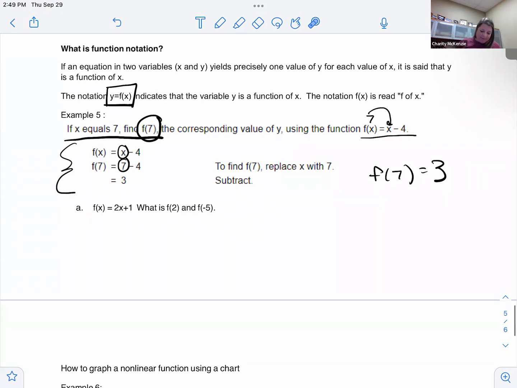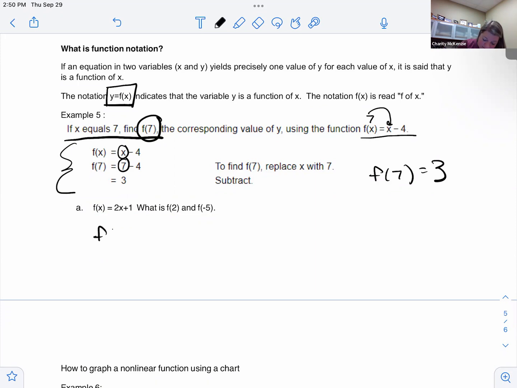Okay, so A here. If this is our function, so this is the same as y equals f of x, what is f of 2? Where do we put that 2 value? We put it in for x.